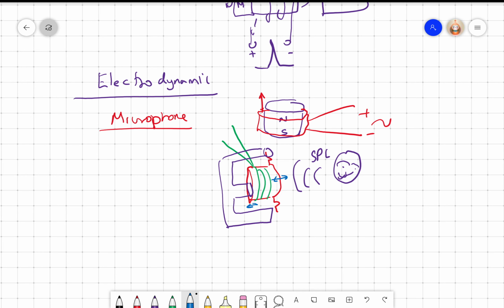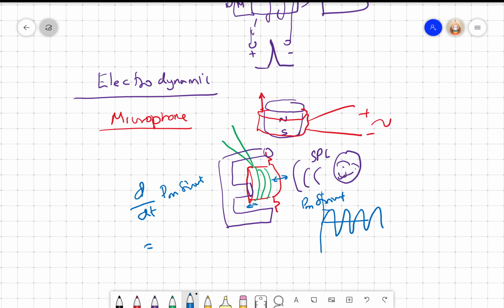Assume that this person is whistling, so there will be one frequency, right? And we also assume that this is P max sine omega t. That would modulate the coil, and the induced EMF would be d by dt of Pm sine omega t.